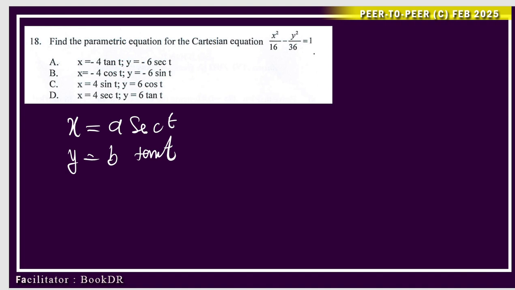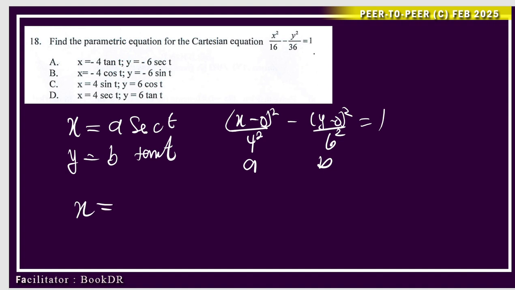This one has to be rewritten in the standard form. So this is (x minus 0) all squared over 4 squared, and then (y minus 0) all squared over 6 squared is equal to 1. So this is our a and this is our b. So the answer is x is equal to 4 sec t, and then y is equal to 6 tan t.